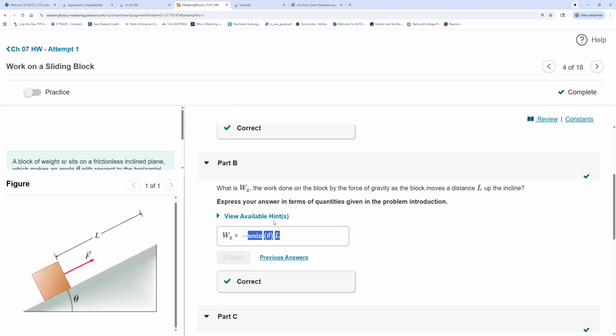I would get mass times gravity over sine theta.